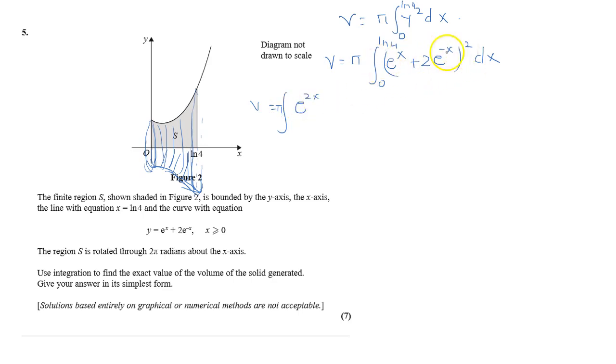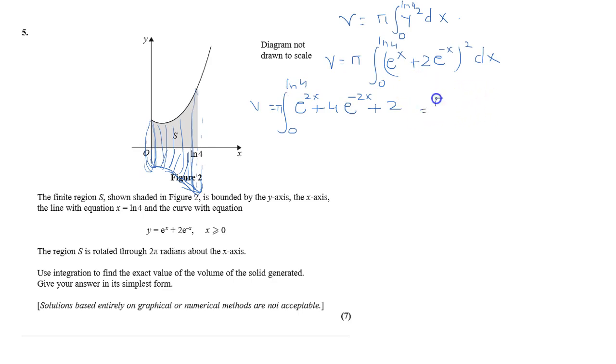So the volume is equal to pi, and its square is e to the power 2x plus 4 e to the power minus 2x plus 2 e to the power x and e to the power minus x, from 0 to ln 4.